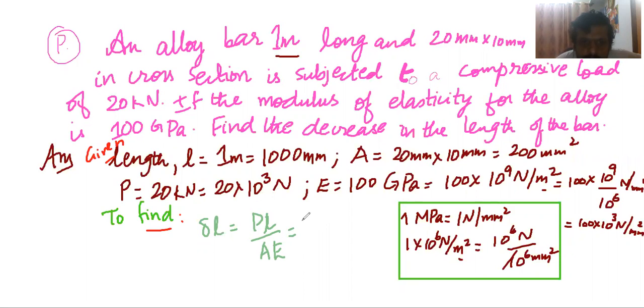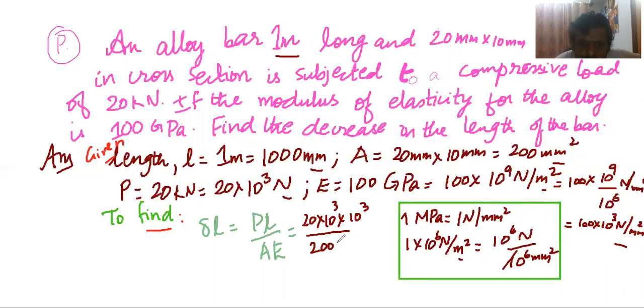So P, capital P is 20 into 10 power 3 into small l is 1000, so 10 power 3, upon capital A is 200. So the unit, students: load should be in newtons and length should be in mm and area should be in mm square and modulus of elasticity should also be in Newton per mm square.